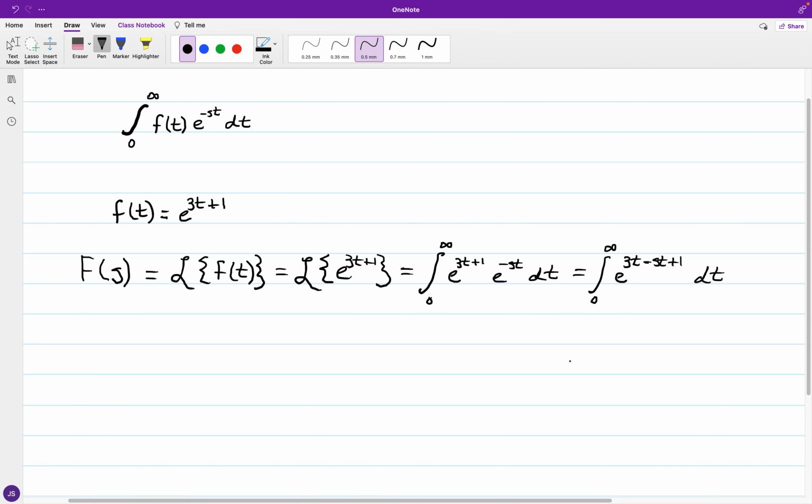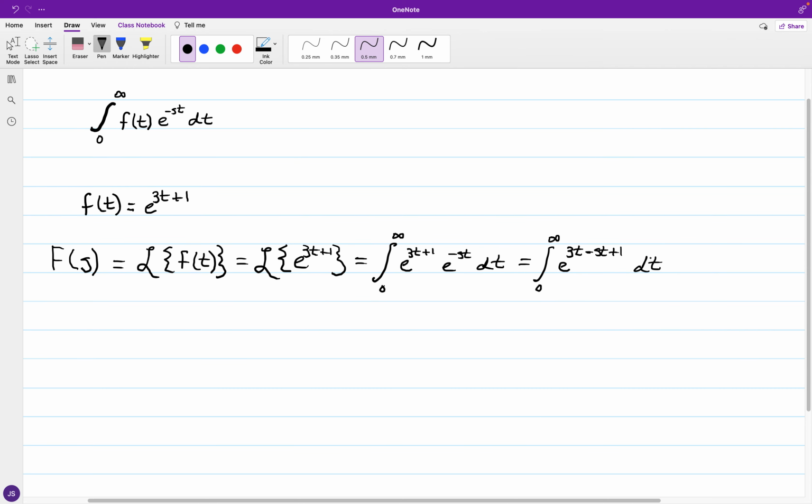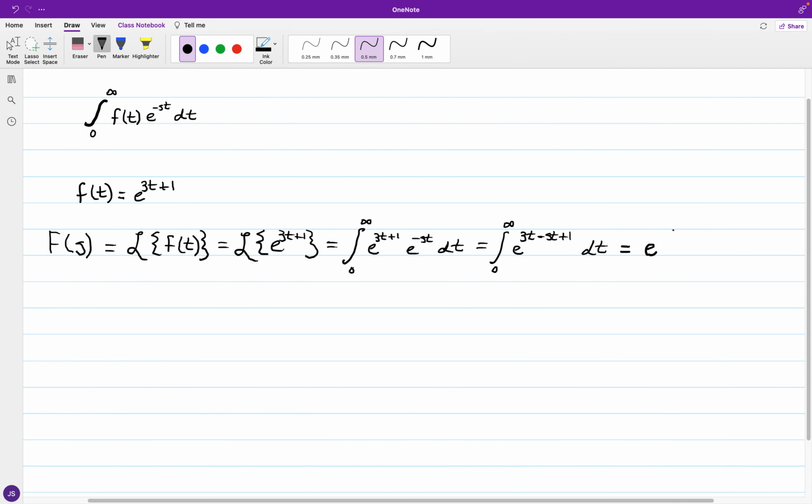And if we look at multiplying, I have e to the 3t minus st plus 1. And to make things a little bit simpler, e to the first is going to be e. And I can just move this to the outside since the natural logarithmic base e is a constant.